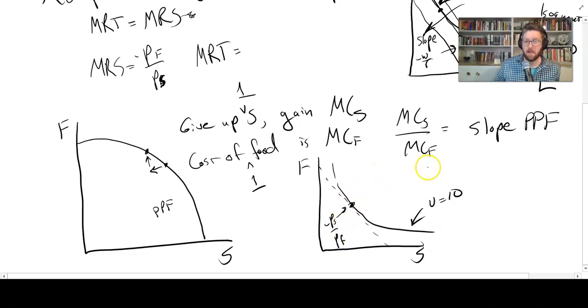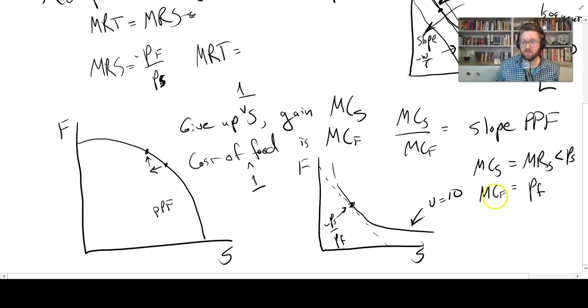Okay? So the problem is that under monopoly, if one of these firms is a monopolist, say MCS is, then this is not equal to price, it's equal to the marginal revenue of shelter. And let's suppose that food production still is perfectly competitive.